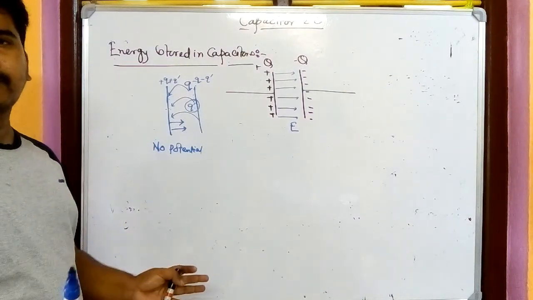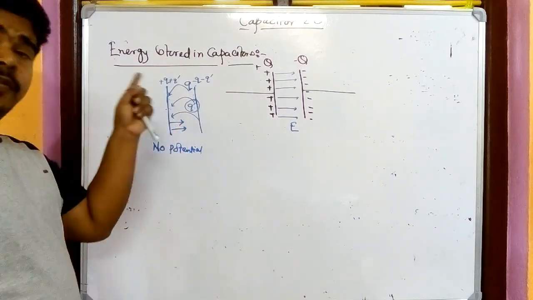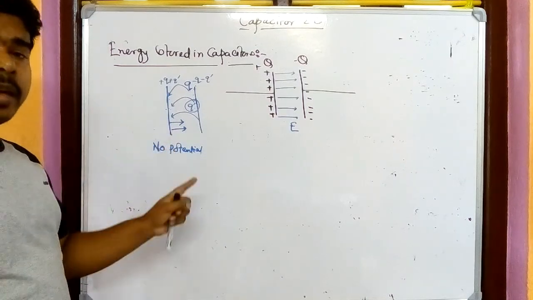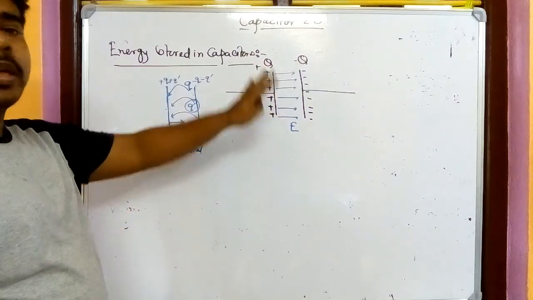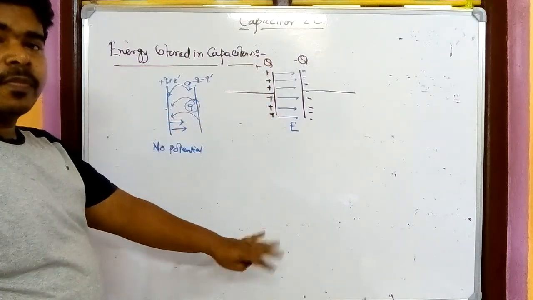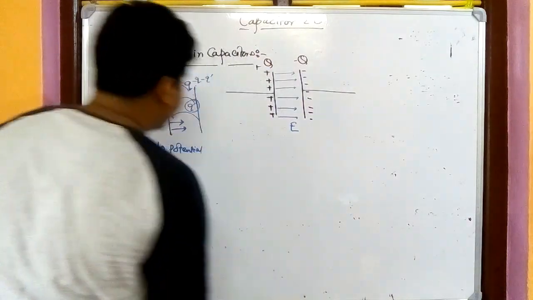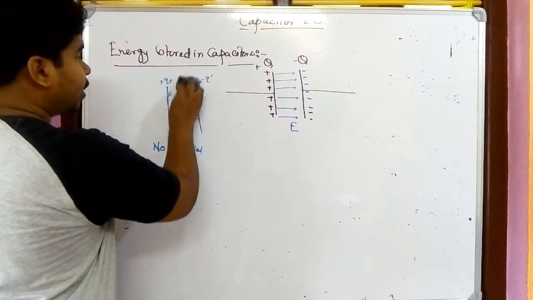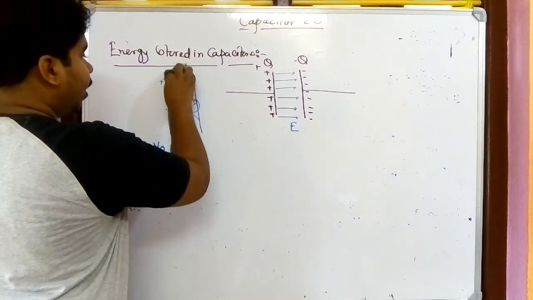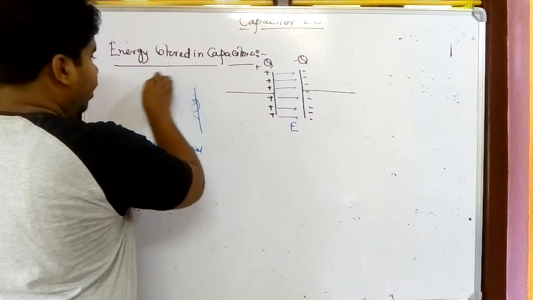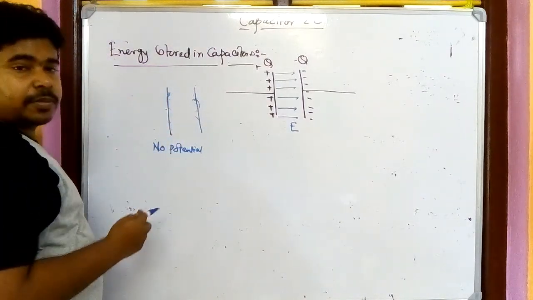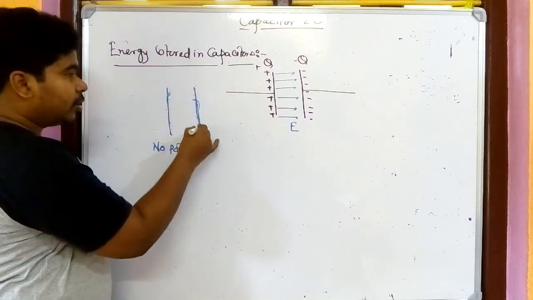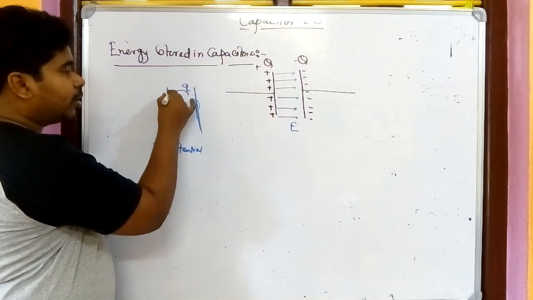Practically no, but theoretically if we understand it, then it is easier for you to calculate the energy stored in a capacitor. Again I'm telling you, try to understand, because based on that everything will be calculated. Initially there is no charge, I have taken one charge q and put it here.